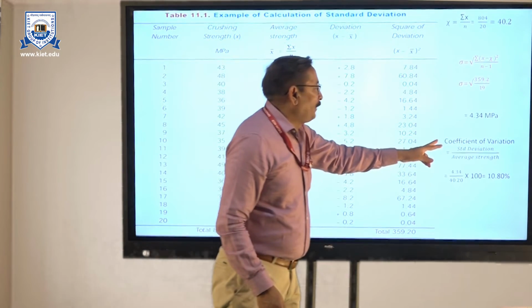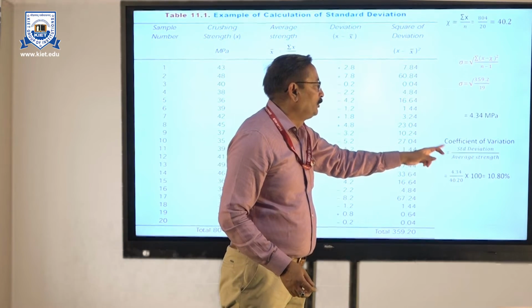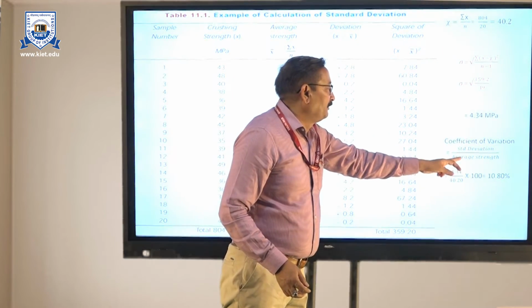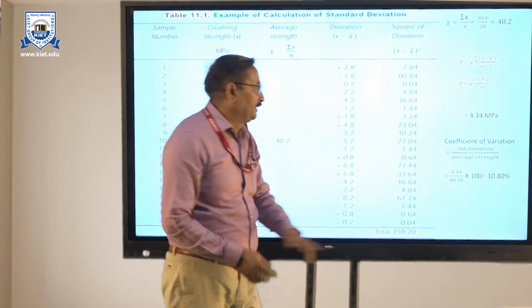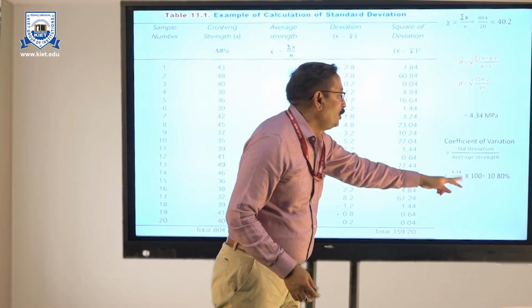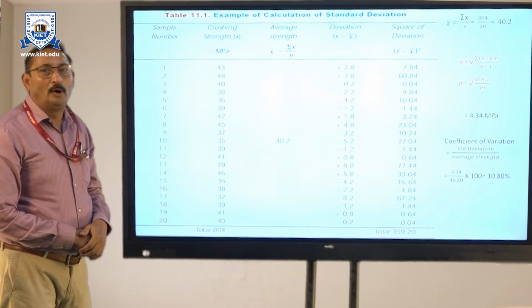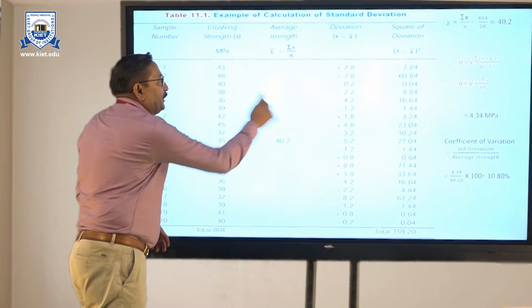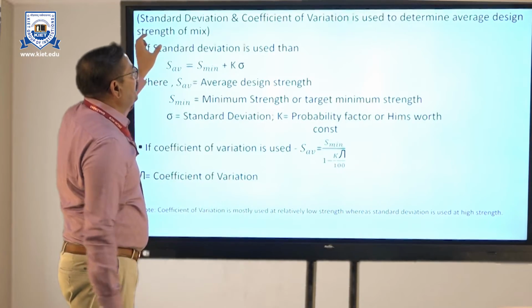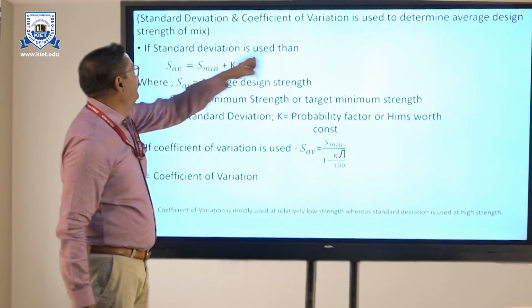Now, if you have to calculate the coefficient of variation, then the coefficient of variation is equal to standard deviation divided by average strength. That is 4.34 divided by 40.20 into 100, it will come as 10.80%.